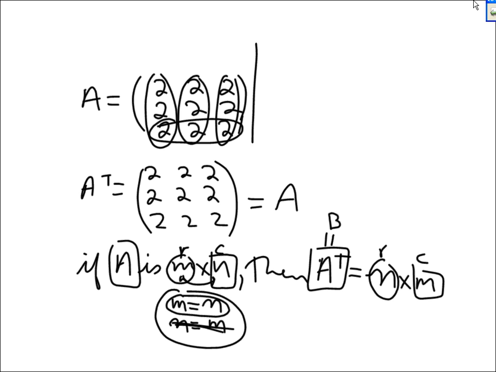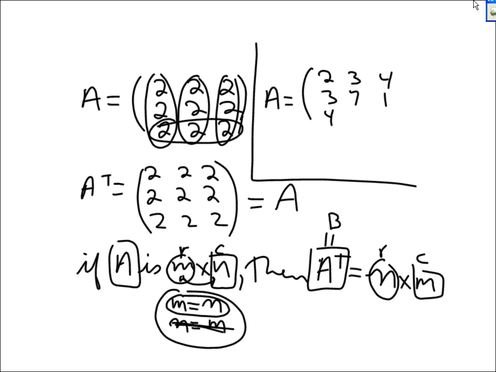Another type of matrix that would be equal to its transpose: you have 2, 3, 4, 3, 4, 7, 1, 1, 11.